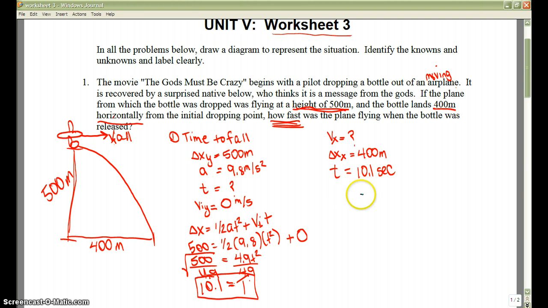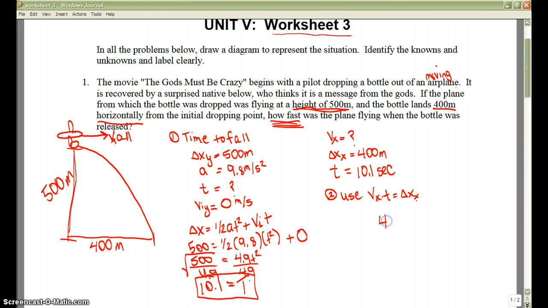So our next step, step 2, is to use our equation, velocity x times time equals our delta x in the x direction. Remember, we want to make sure all of the variables we're using match up with the same letter. So all of these are x's.